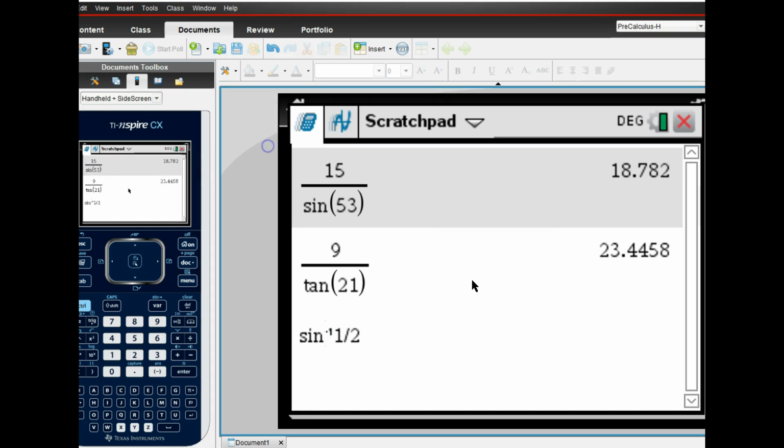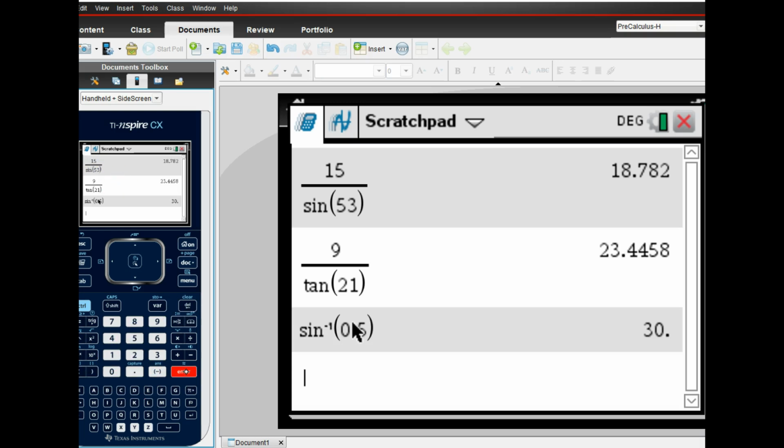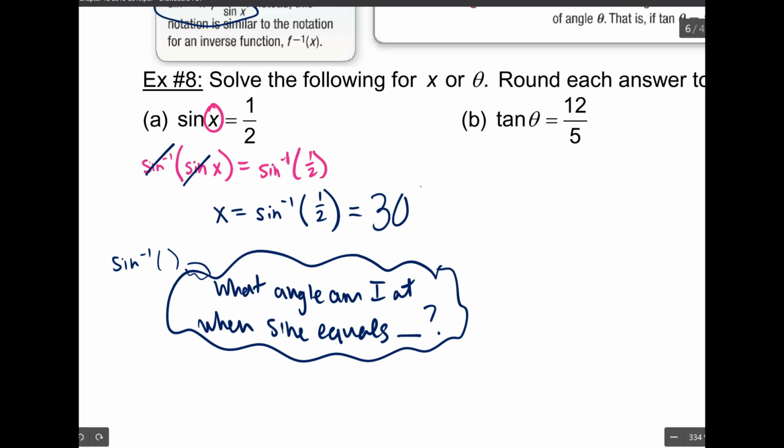Oops, I forgot the parentheses. Sine inverse of 0.5, because that's a half, and it gives me 30 degrees. So sine inverse, cosine inverse, tan inverse, the inverse gives me angles. If I'm trying to solve for an angle, I'm going to have to use an inverse. So this is equal to 30 degrees.